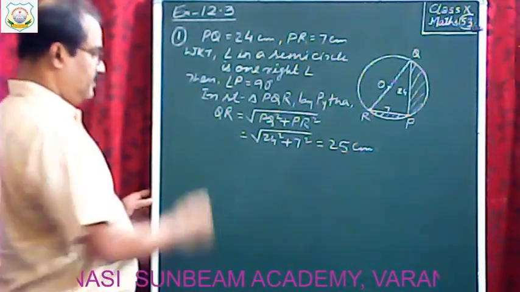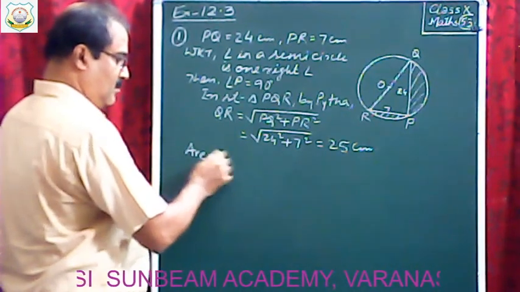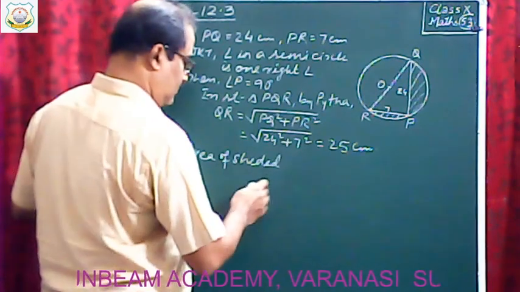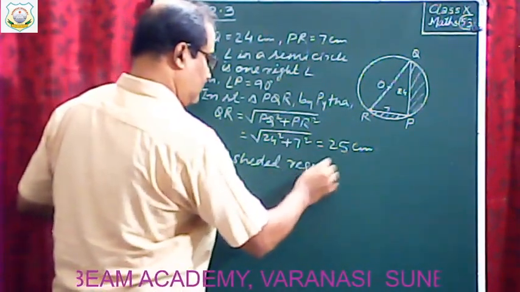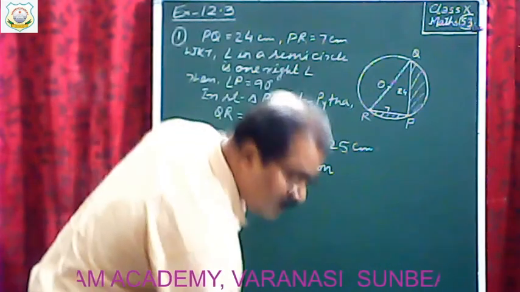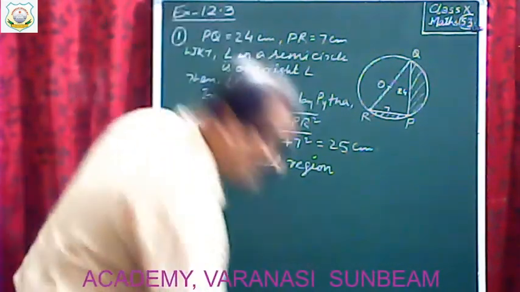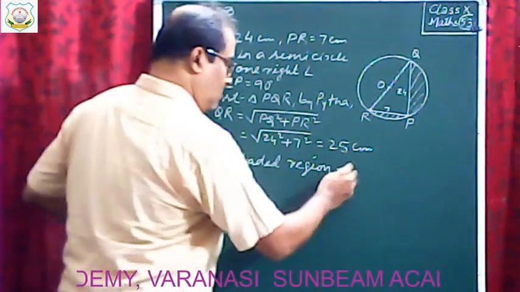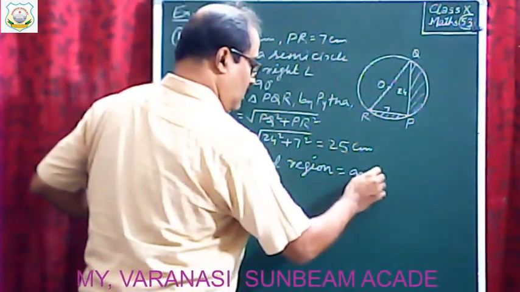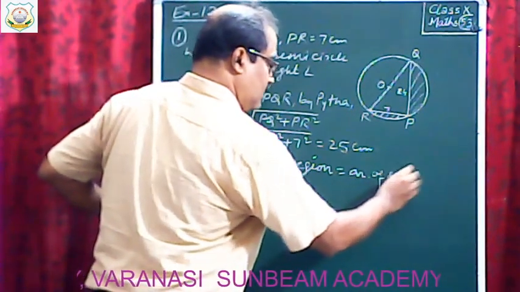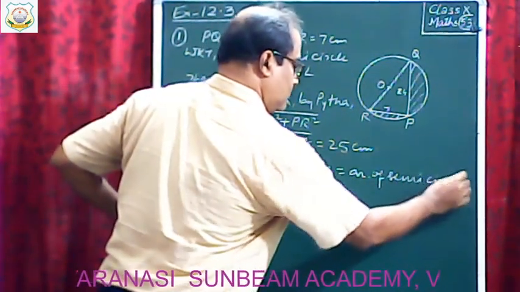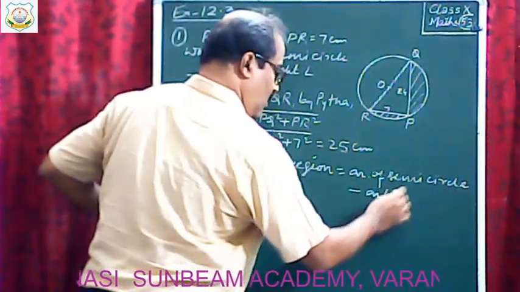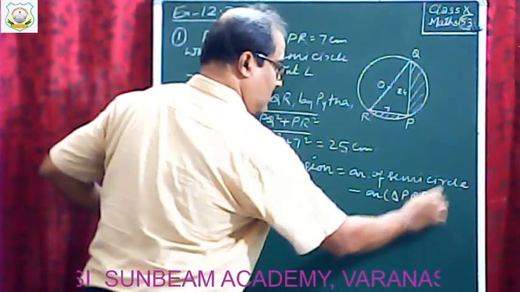Okay, thereafter area of shaded region. Area of shaded region equal to area of semicircle minus area of triangle PQR.